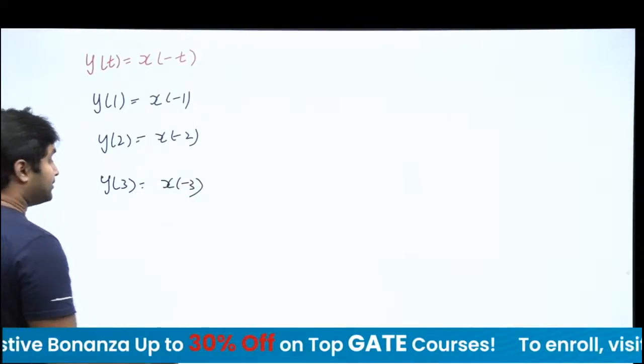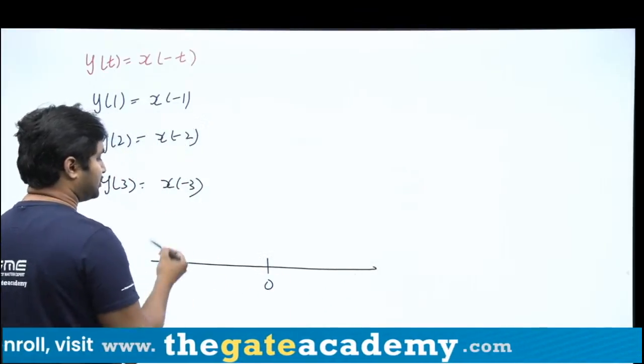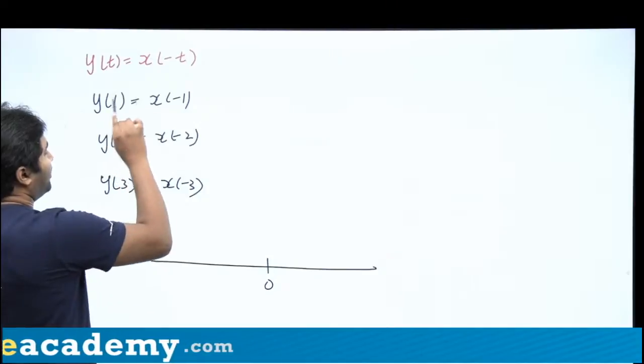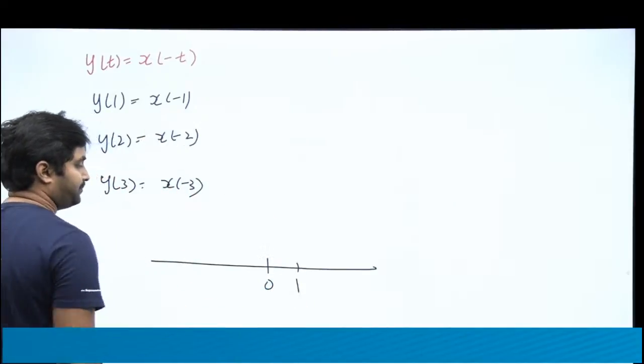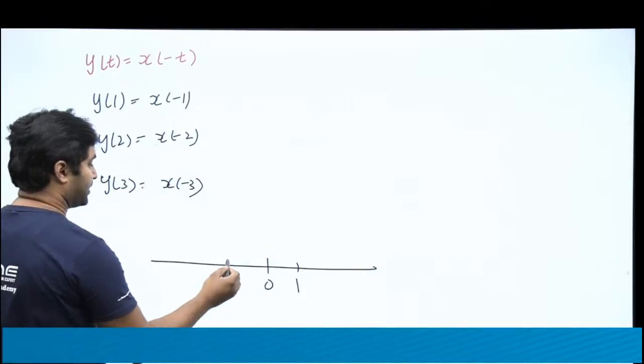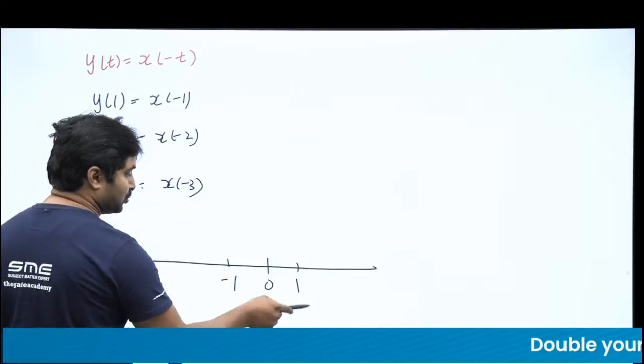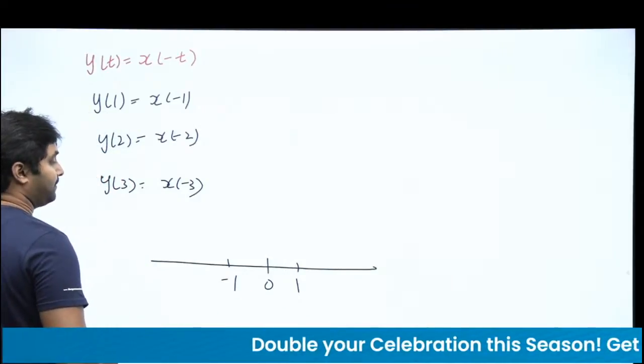So if you see, this is 0, this is -1, -2, -3. y(1), the output at the instant of 1, is dependent on x(-1), which is a past value. In comparison to 1, -1 is a past value, isn't it?